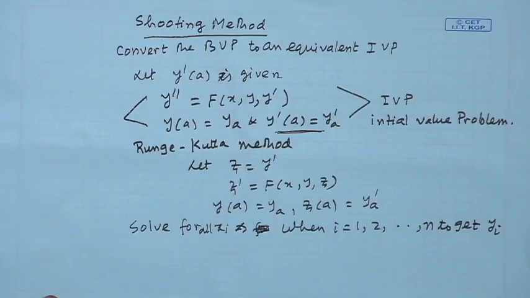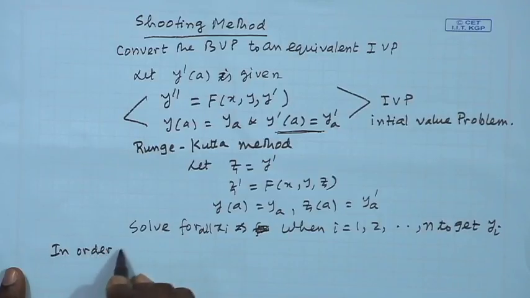Now, these two solutions will be equivalent provided we get the solution by this manner at x equal to b, that means y b is equal to the given value. Okay. So, that correspondence has to be satisfied.